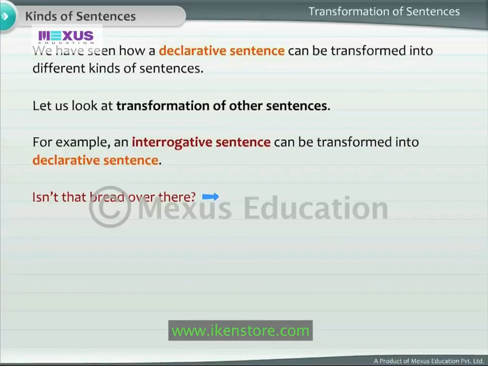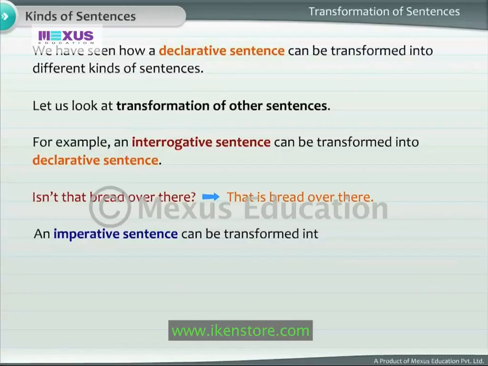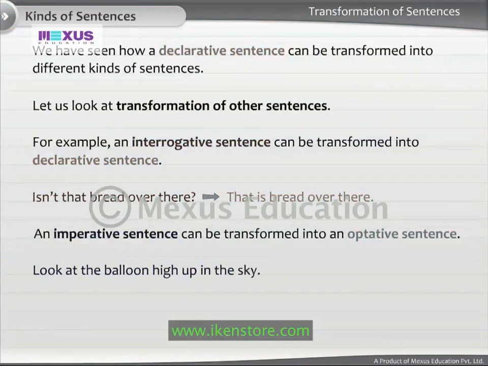Can be transformed to: That is bread over there. An imperative sentence can be transformed into an optative sentence. Look at that balloon high up in the sky. Can be transformed to: I wish that balloon stays high up in the sky.